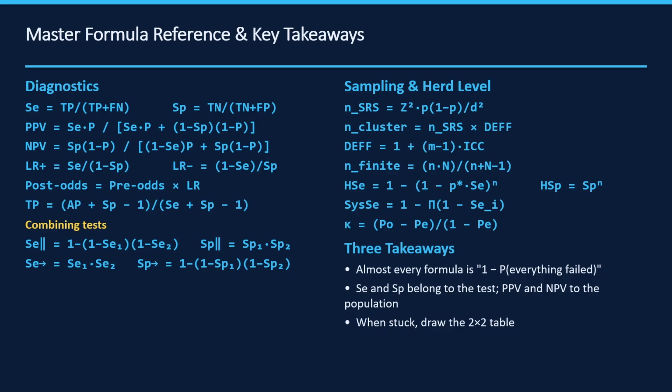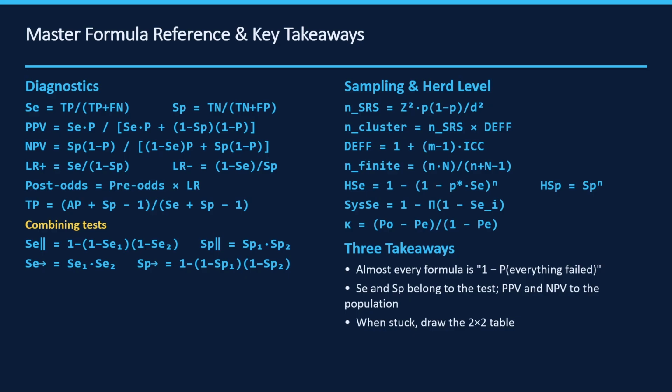Positive likelihood ratio is sensitivity over 1 minus specificity. Negative likelihood ratio is 1 minus sensitivity over specificity. And post-test odds are pre-test odds times the likelihood ratio. True prevalence is apparent prevalence plus specificity minus 1 over sensitivity plus specificity minus 1.